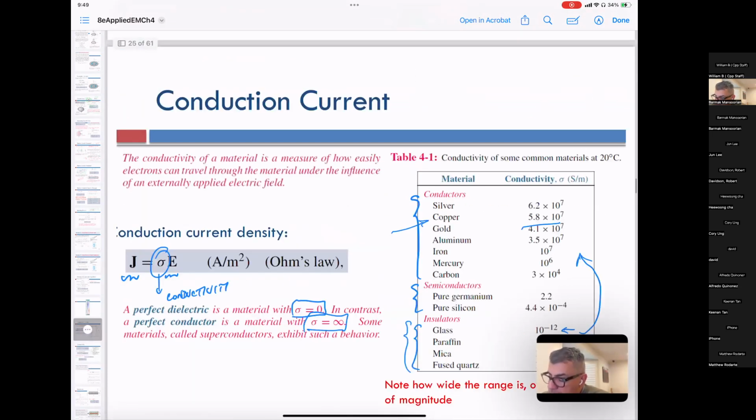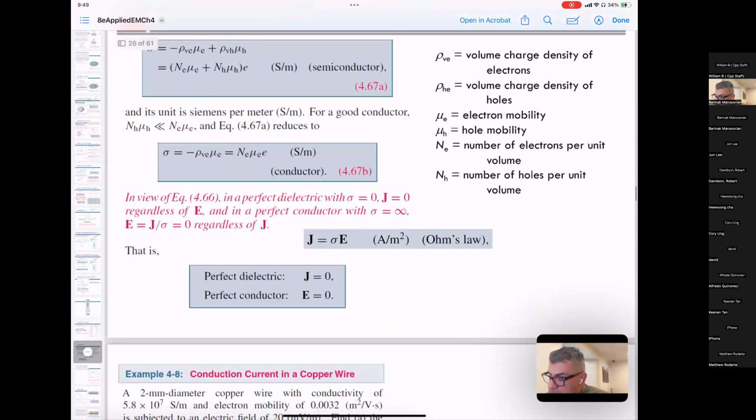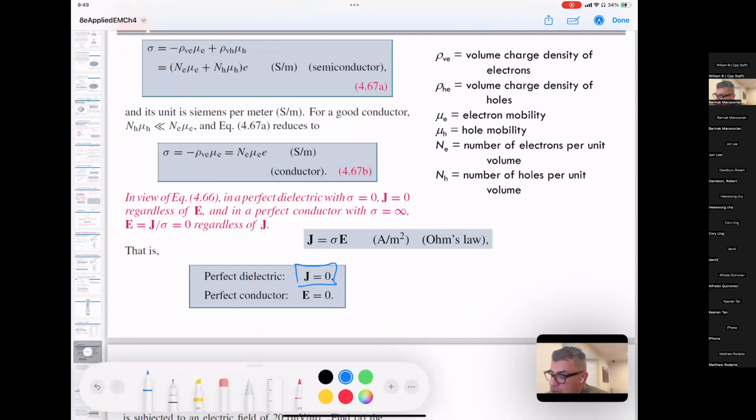Going back to this, notice that if you had a perfect insulator, so if the conductivity sigma was 0, you would have 0 current no matter what the electric field was. In a perfect dielectric, the current would be 0.